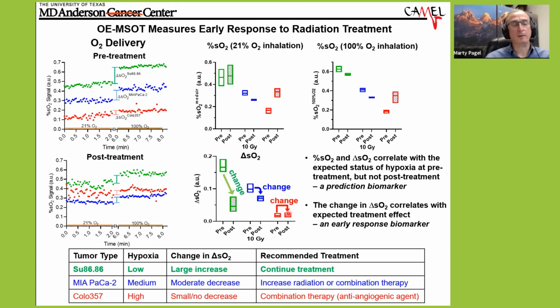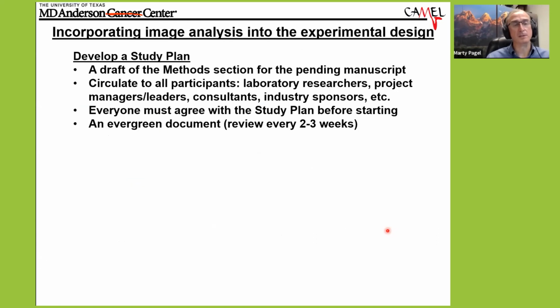So again, there's really no meaningful effect from this radiation therapy on the hypoxic model. And that could lead to this chart below, where if you see a certain amount of change in delta SO2, you would know how to change the treatment for the patient. And we're starting to translate the oxygenation studies to the clinic right now, as you can imagine.